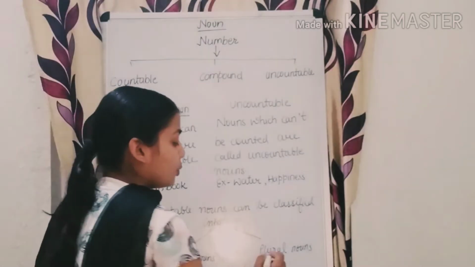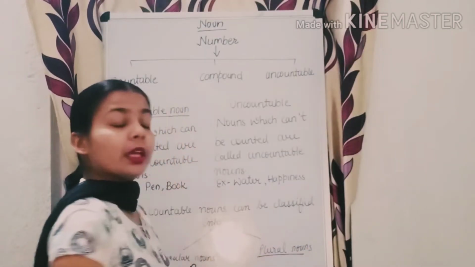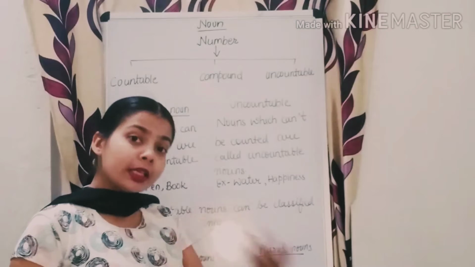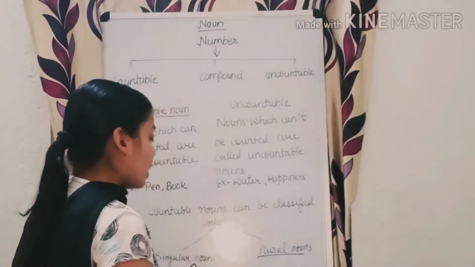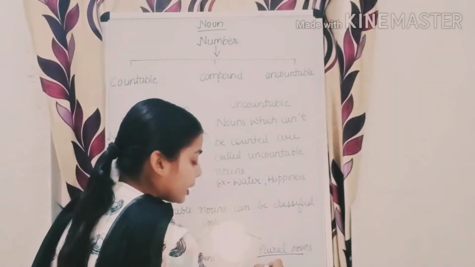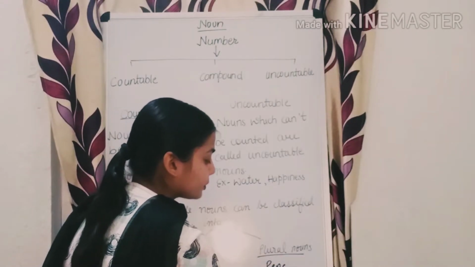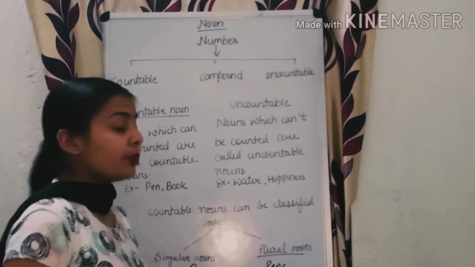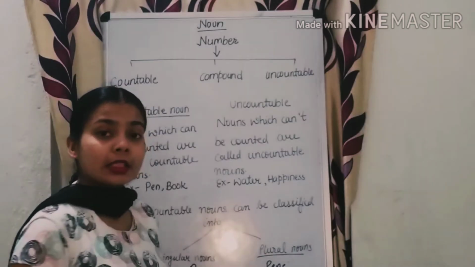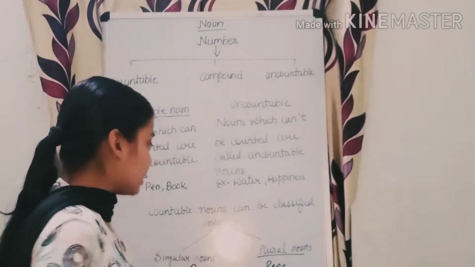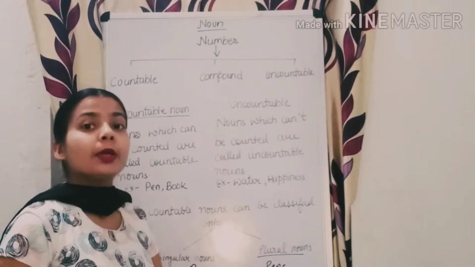Then they are known as plural nouns, meaning any noun which is more than one in number. For example, pens, books. So a countable noun can be classified into two categories, singular nouns and plural nouns.